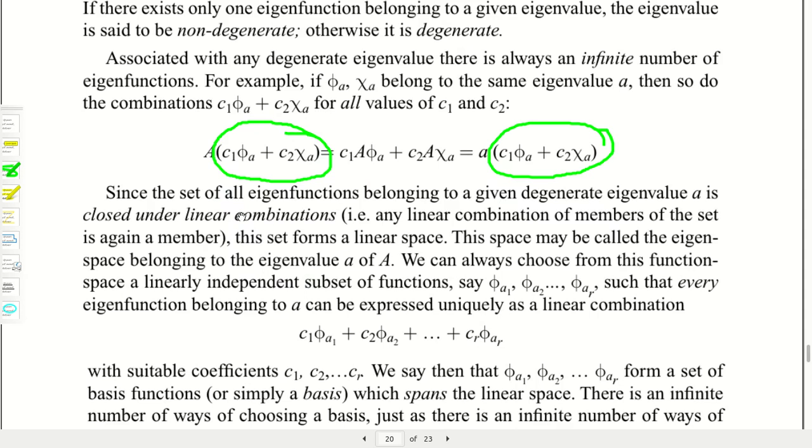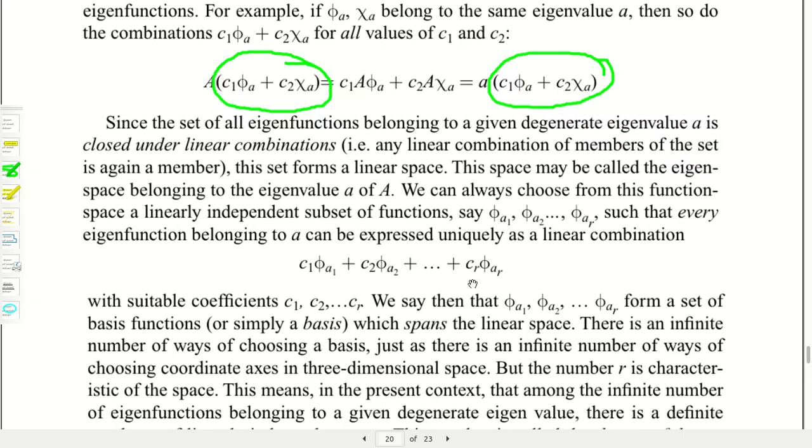We can take infinite types of linear combinations of eigenfunctions, but in this case, as two functions are degenerate to each other, this is called twofold degeneracy. Similarly, you can get r-fold degeneracy when r such functions give you the same eigenvalue when operated on by the same operator A.